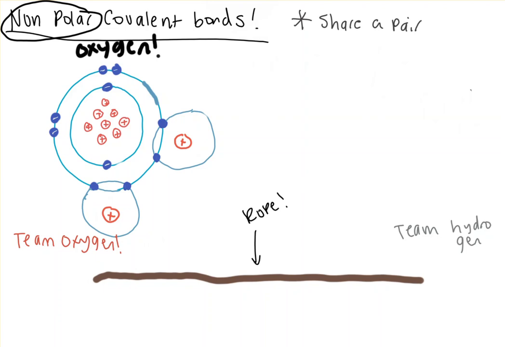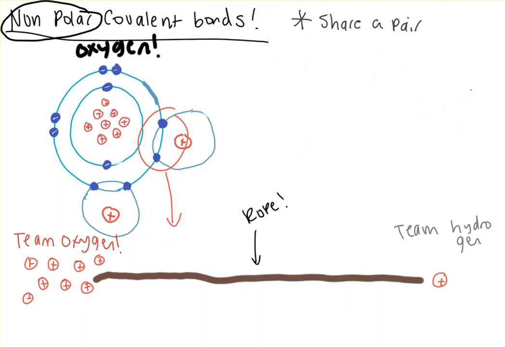So if we think of protons as units of force available to pull on electrons with, oxygen is going to have 1, 2, 3, 4, 5, 6, 7, 8 strong pullers on its team. And hydrogen over here within one of these bonds only has 1.